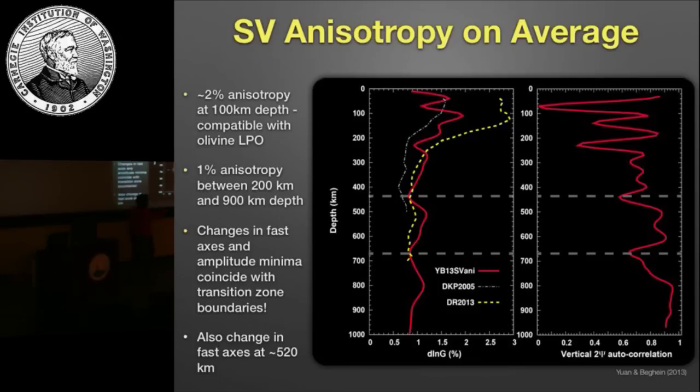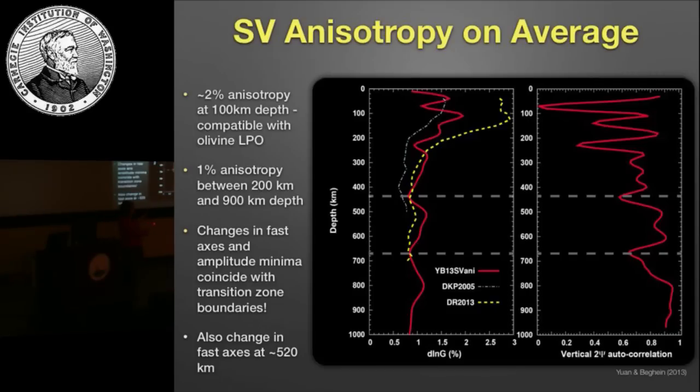The amplitude here on the left is the strength of the azimuthal anisotropy. Red is our model, and blue and yellow are 2 other models, an older one in blue and a more recent one in yellow. If we focus just on the left panel for now, we see that we have several peaks in the top 200 kilometers that we don't see in the other models.